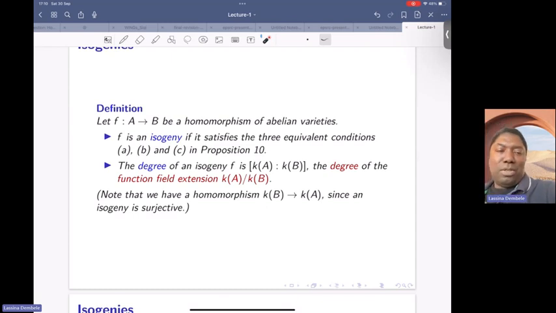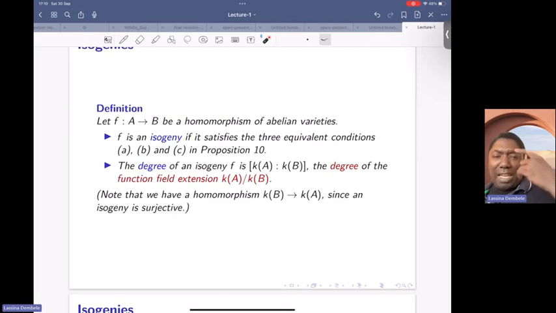And the second condition would be that you know that the kernel is a finite group scheme, and that the abelian varieties have the same dimension. So that's the definition of an isogeny.